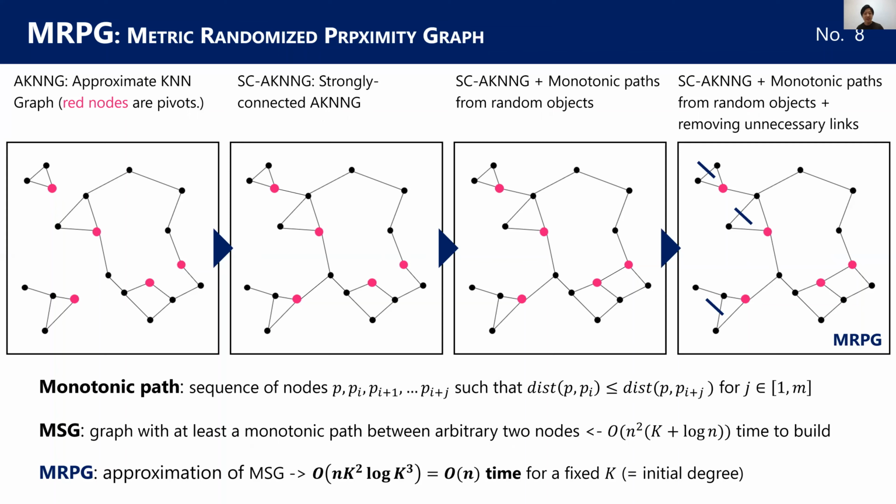If a graph has at least a monotonic path between arbitrary two nodes, it is an MSG, monotonic search graph. Efficiently building an MSG is actually hard. So we approximate it, which means MRPG is an approximation of MSG.